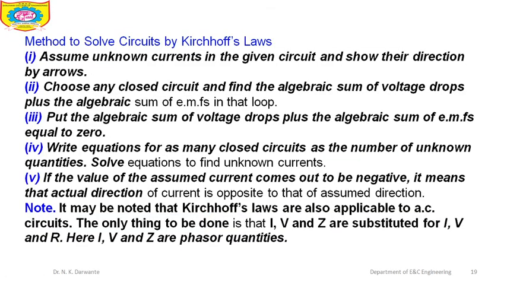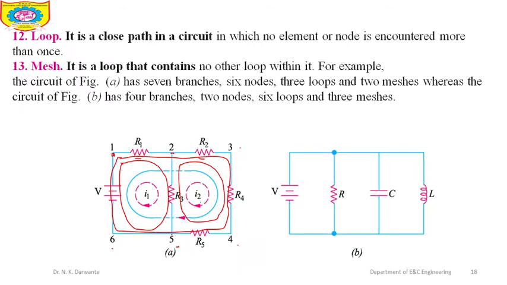Okay, now here you can see that in figure number A there are 7 branches. Which branches are there? 6 nodes are there, 1 2 3 4 5 6, and 7 branches.